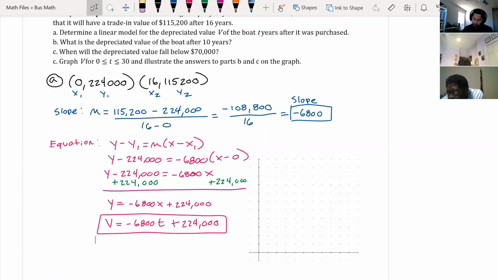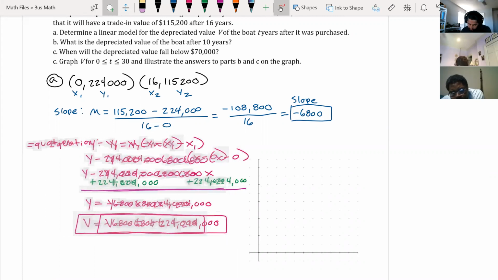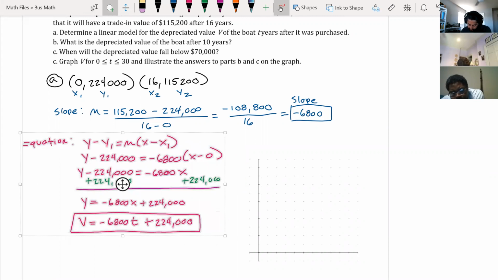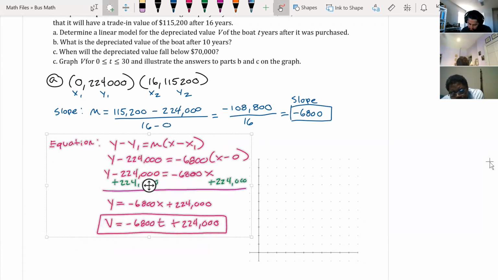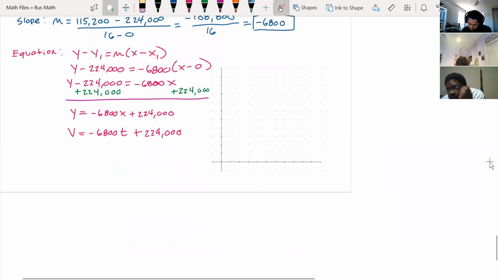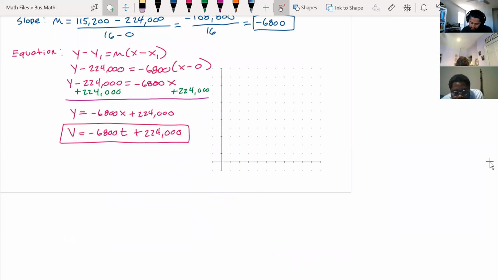And I'll probably have to move this out of the way of that graph. So let me see. Move you over there. You can take everything, undo, undo, undo. All right, redo that.